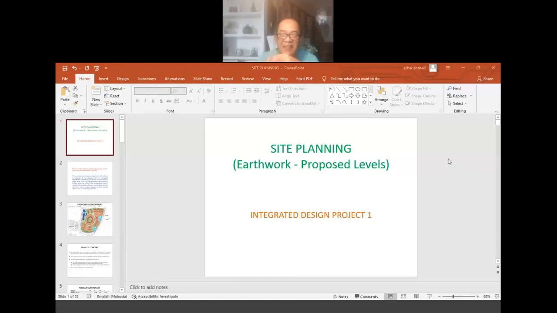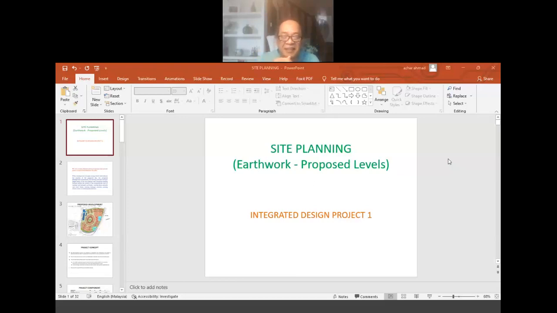I'm stressing the point that before we start the calculation of cut and fill, it is very vital that we come up with a proposal of the proposed level for the overall site. And there is a certain technique, or cara, on how we can come about proposing relatively suitable proposed levels as the first try, percubaan pertama.